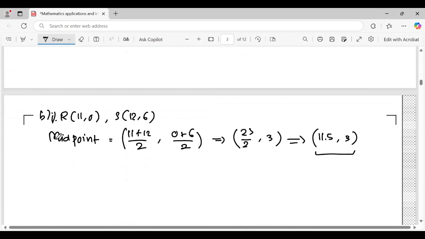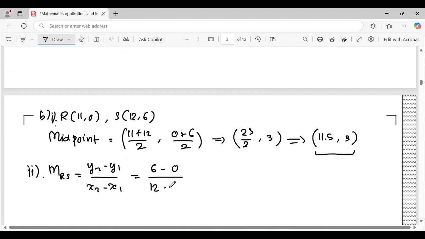To find the equation, we have to find the gradient first. The gradient of RS, the formula is y2 minus y1 over x2 minus x1. It is (6 minus 0) over (12 minus 11), which is 6 over 1, equals 6.